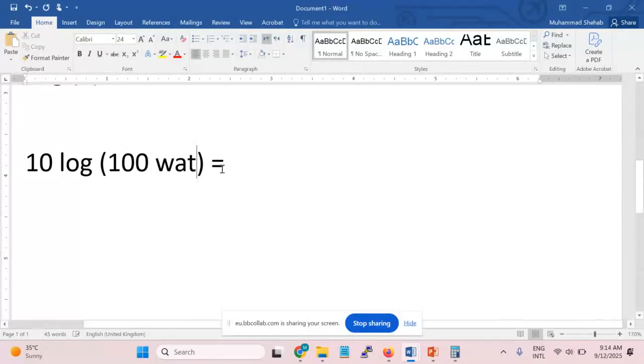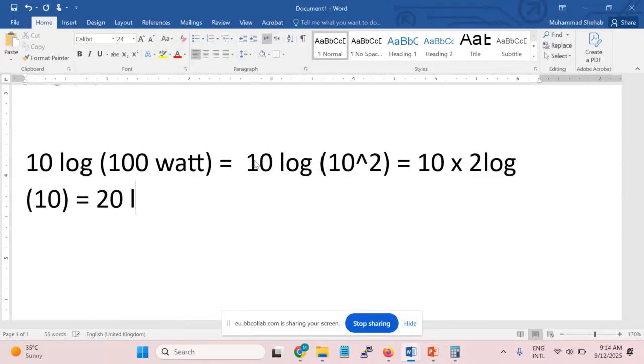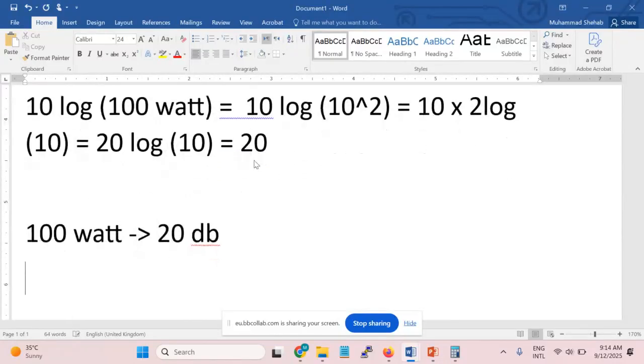This equals 10 log of 10 power 2, equals 10 times 2 log 10, equals 20 log 10. Log 10 equals 1, so it equals 20. So 100 watts, how much did it give me? 20 dB.